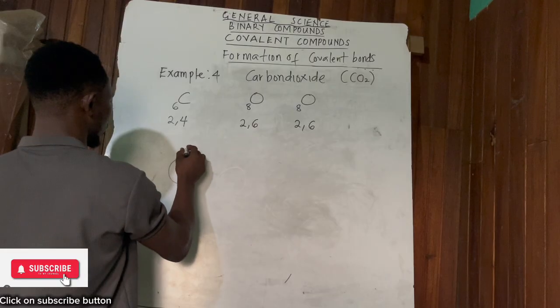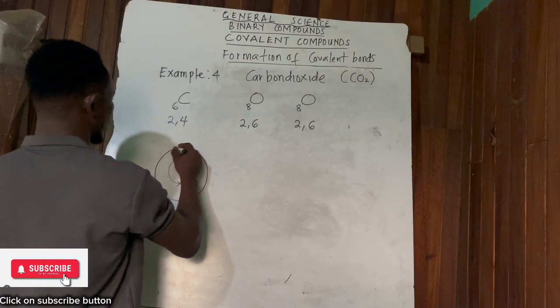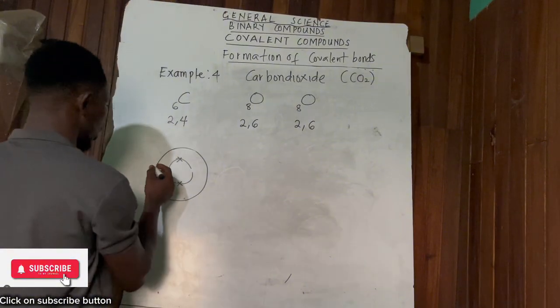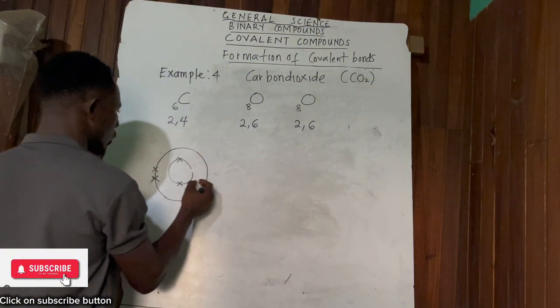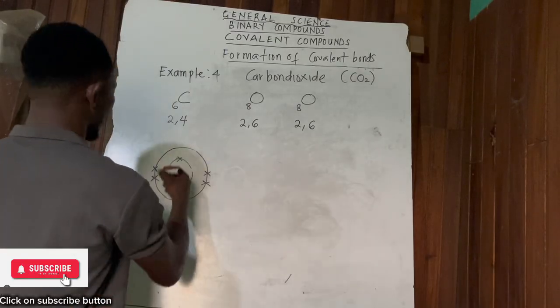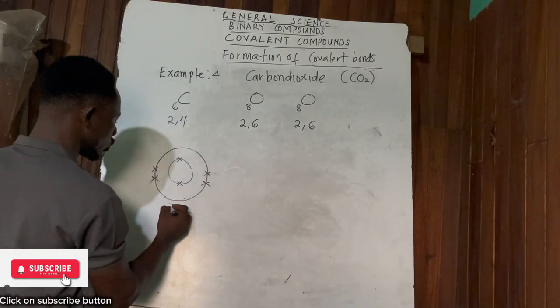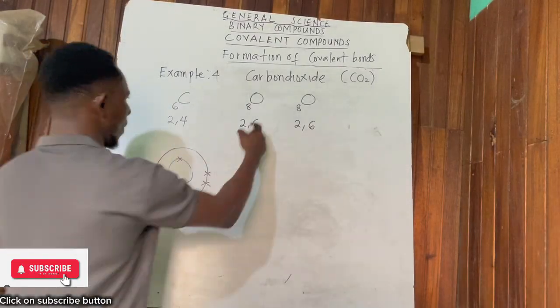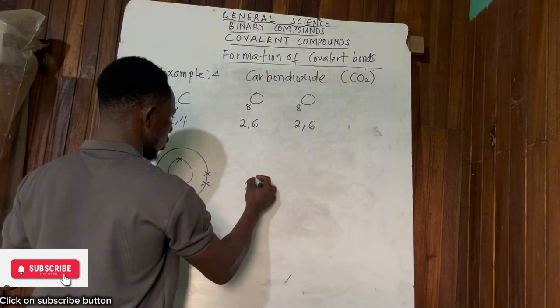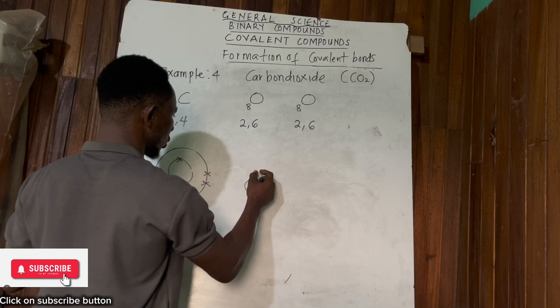2 and 4. So there is 1, 2, 3, and 4. So this is carbon 2, 4. Oxygen here 2, 6. 1, 2.